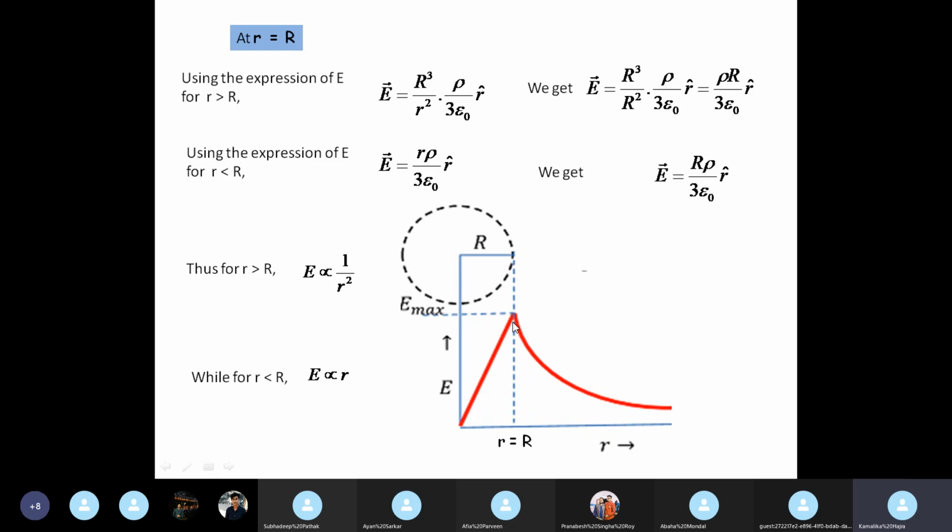And then when you start moving outside the surface, it starts decreasing as 1 by R square. At this point, it has the maximum value R rho by 3 epsilon naught. Whether you are approaching from inside the sphere or from outside the sphere, at r equal to R, the value is the same, the maximum.